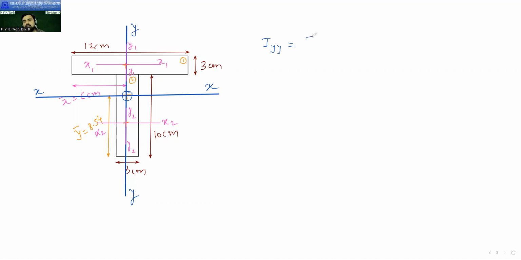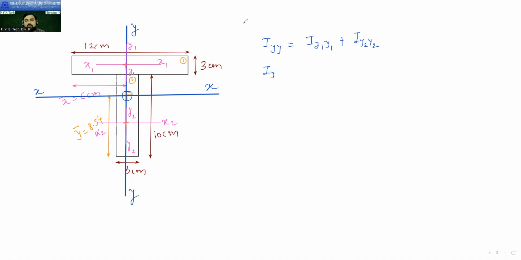So you can directly get the value of Iyy equal to Iy1y1 plus Iy2y2. Y1 y1 is the first figure axis. Y2 y2 is the second figure axis. If you add these two, you will get the total moment of inertia about this big axis, the axis of the T section. So we will calculate the value of Iy1y1 first.